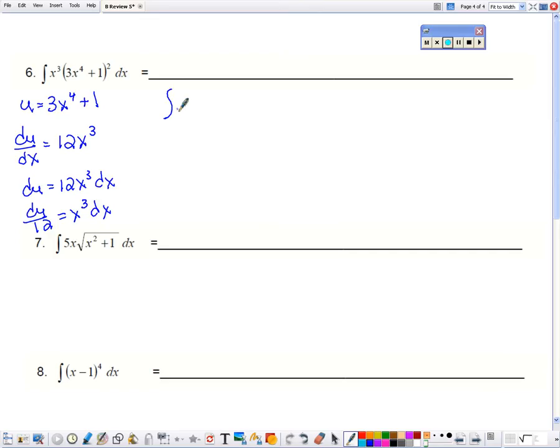So for my integral, I have u squared du over 12. So that my 1/12 is a coefficient, because then that can come to the front.